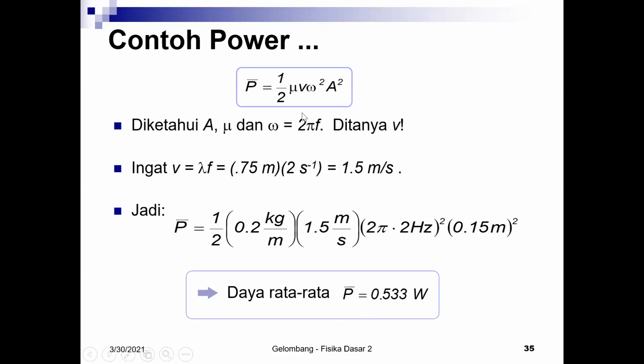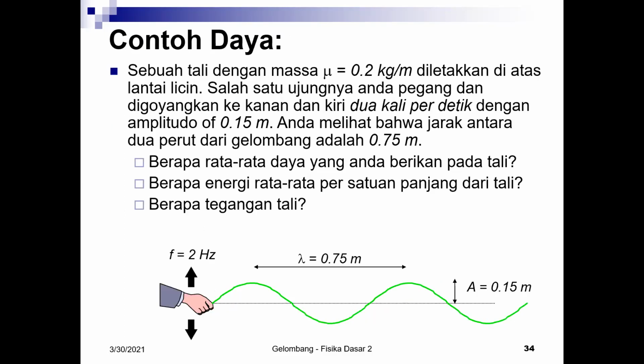We get A, mu, also this 2 pi f. Okay, we have mu. This is the amplitude, and this is the distance between two tops of the hill, meaning two peaks.